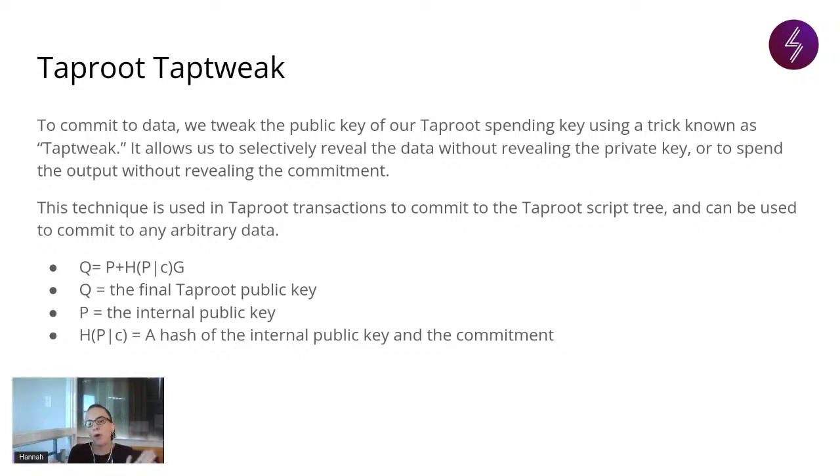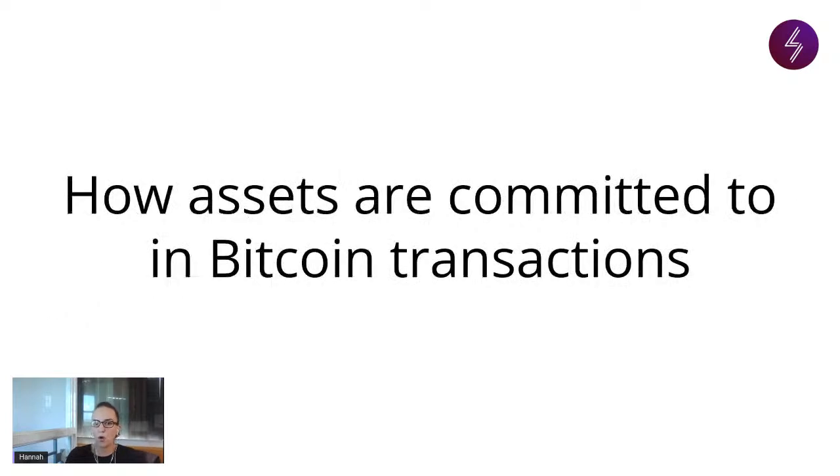So via that whole process, we can take all of our Taro assets and shove them into a Taproot transaction in a very elegant way, which doesn't cause blockchain bloat. So super cool. Very briefly, we'll walk through how this works because we've got about 2 minutes left in our brief 5-minute overview.